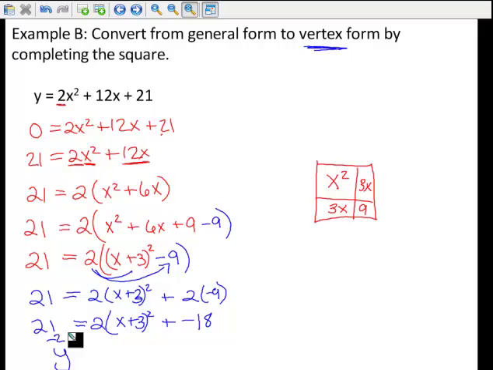I'm going to subtract 21 from both sides. Oh, I made a mistake. This 21 should have been negative. And now I'm going to add 21 to both sides. And I have y equals 2 times the quantity x plus 3 squared plus 3. And that is my vertex form.